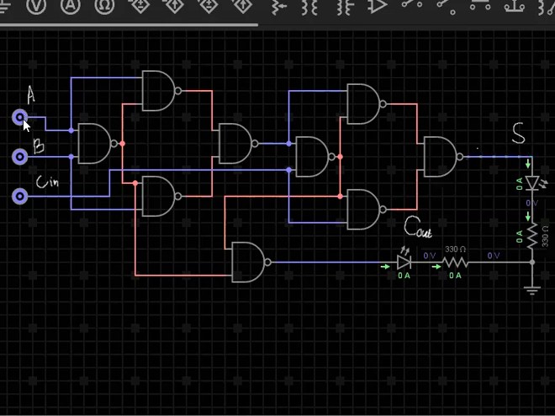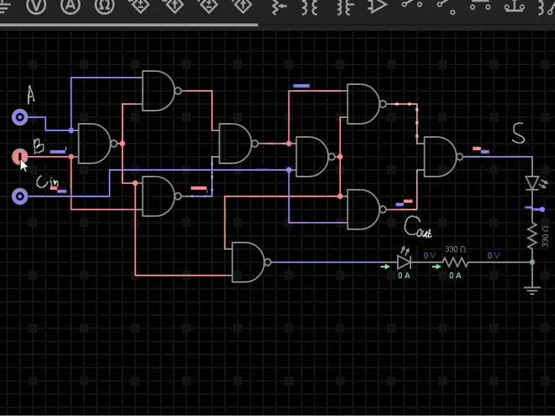For the first case of input, that is A, B and C in are low, then the outputs S and C out are low. And the next case 0 0 1, S is high. The next case is 0 1 0.